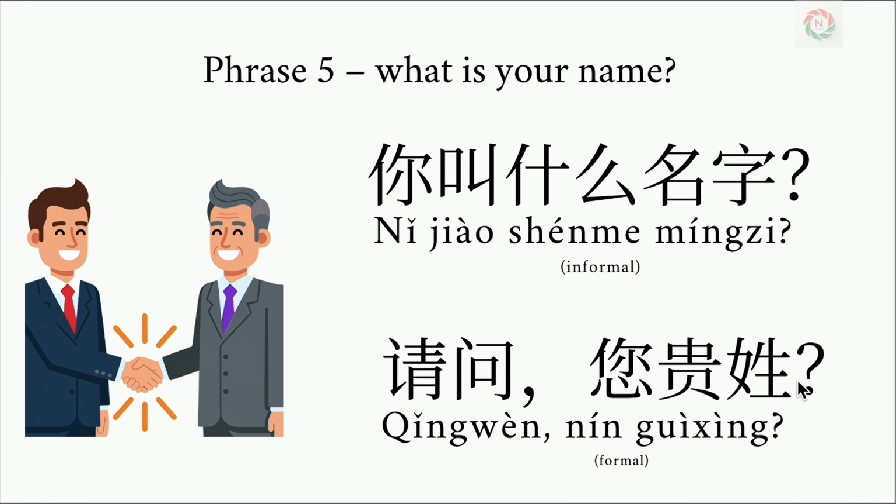And then the person can tell you, 我姓. This 姓 alone means surname. So when they reply to you, they will say, 我姓李. Now let me ask you, 请问您贵姓?